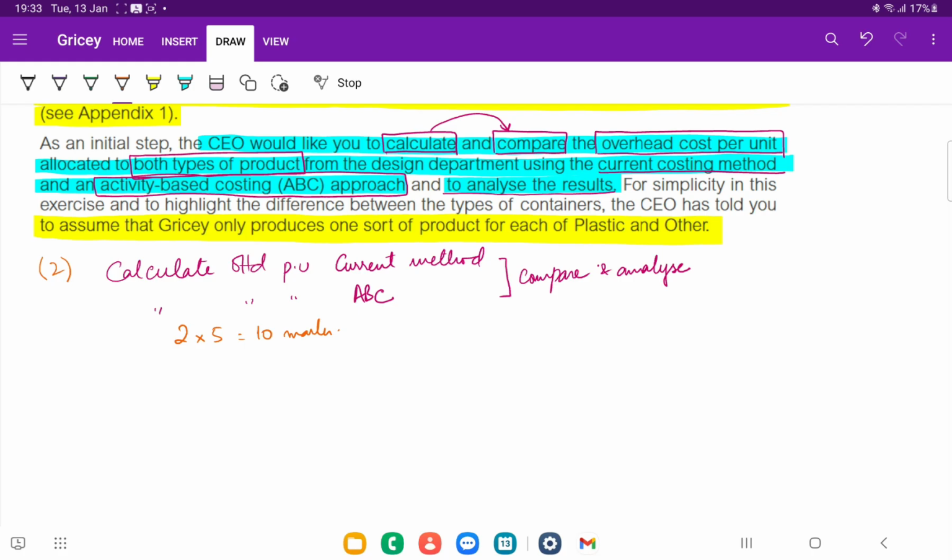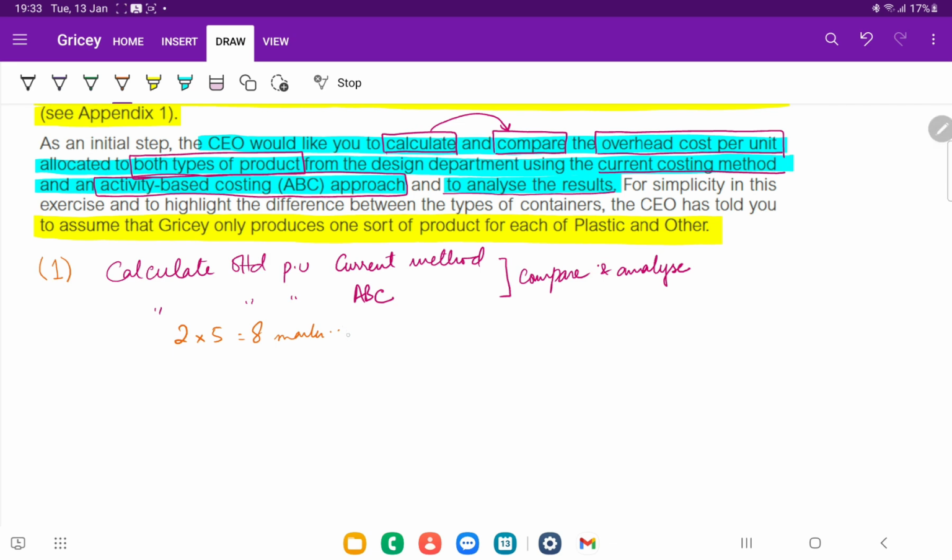But I don't believe that 12 marks will be for calculation, so let's keep it simple, in the sense let's try to reduce the number of marks. I believe 1 mark is for the calculation of the current method, and roughly 8 marks are for the calculation of overhead under activity based costing.